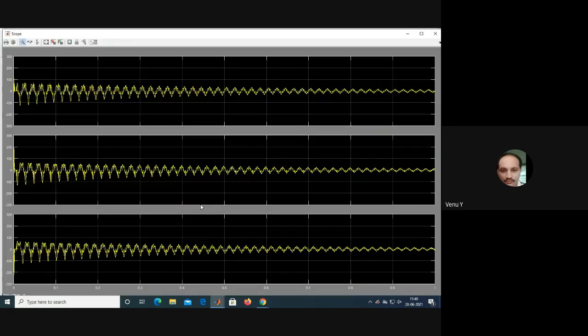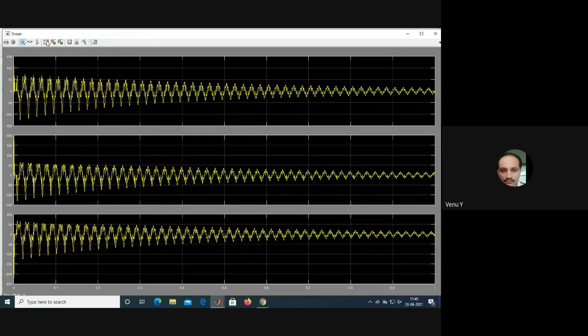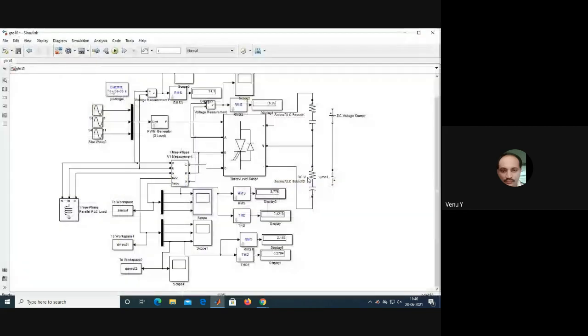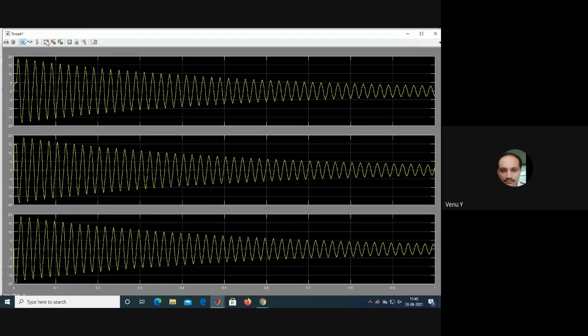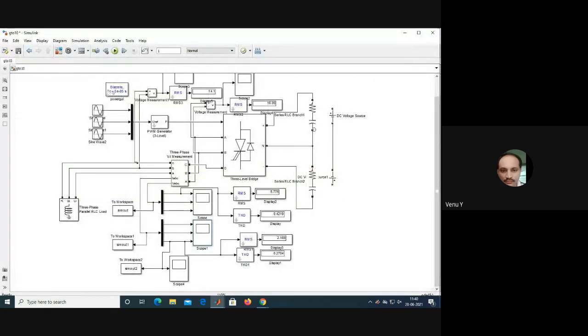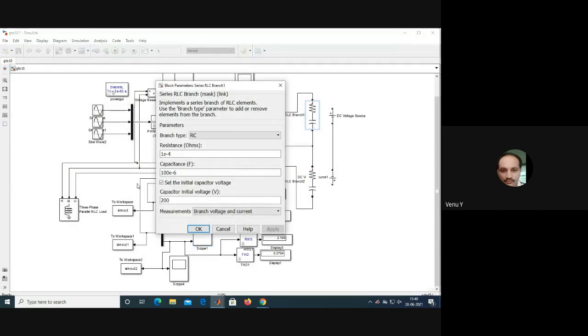Now let us look at the voltage waveforms. This charging capacitance is not sufficient to generate the load, so you can use 200.